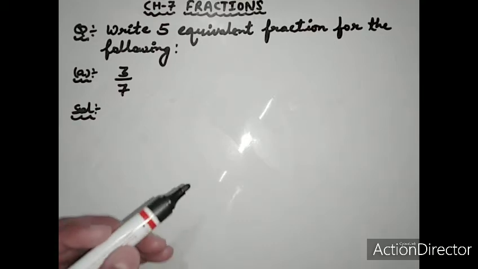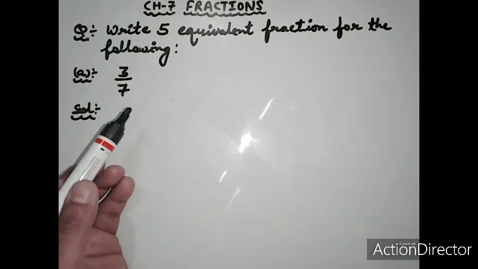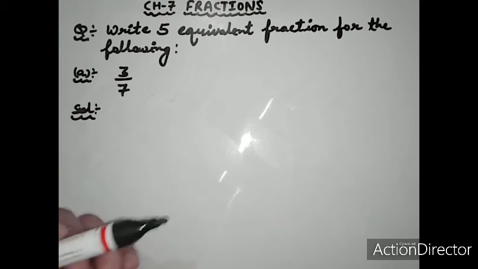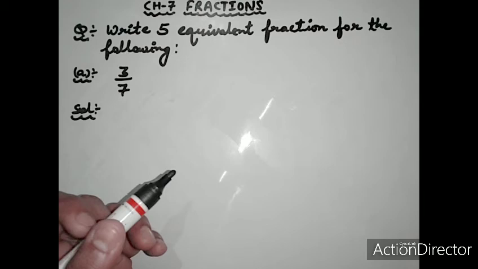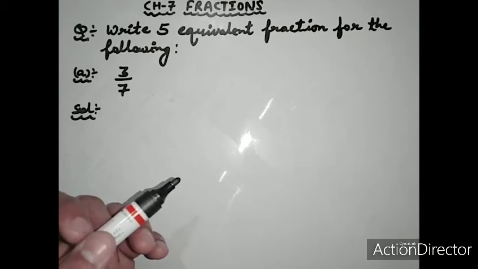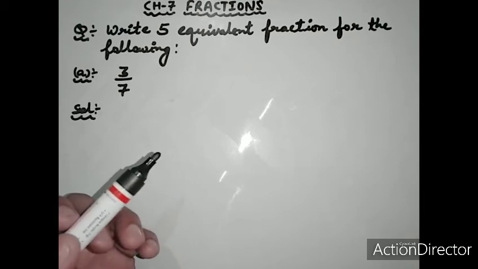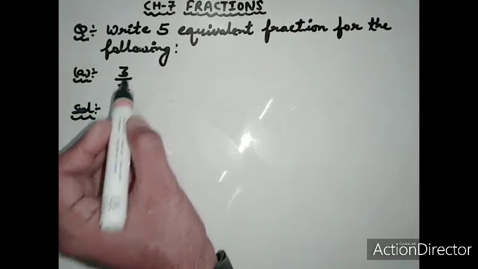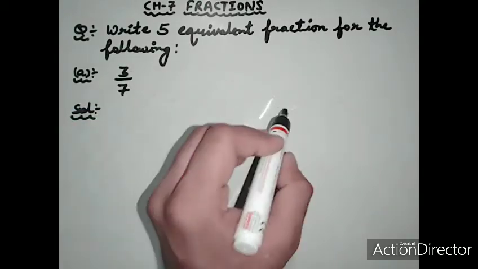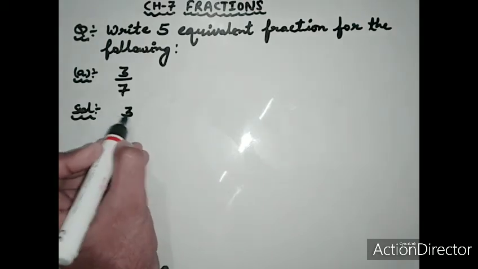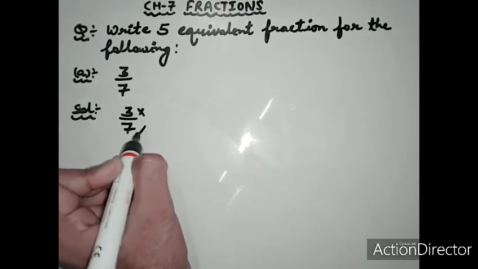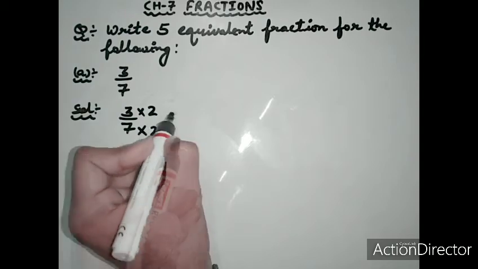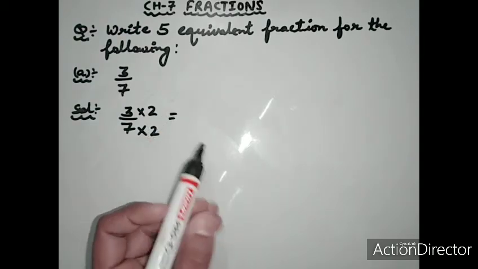So here first we multiply 3 upon 7, and basically we multiply these numbers with natural numbers 1, 2, 3, 4, 5, but we start from 2, because if we multiply 3 upon 7 with 1, we get 3 upon 7 again. So here we multiply 3 upon 7 with 2, then 3, then 4, 5, and so on.